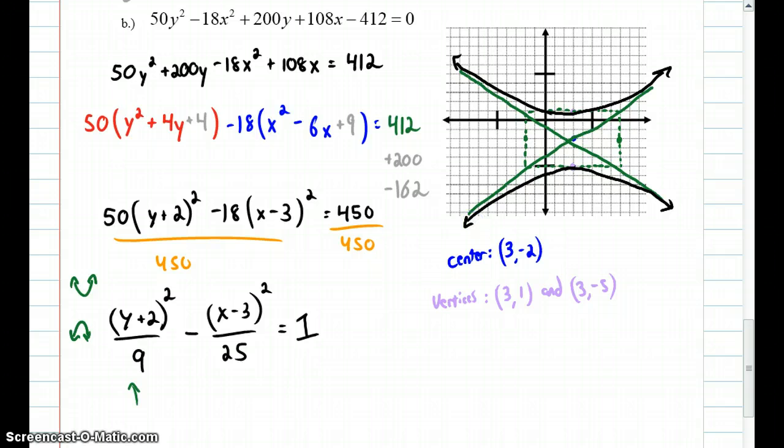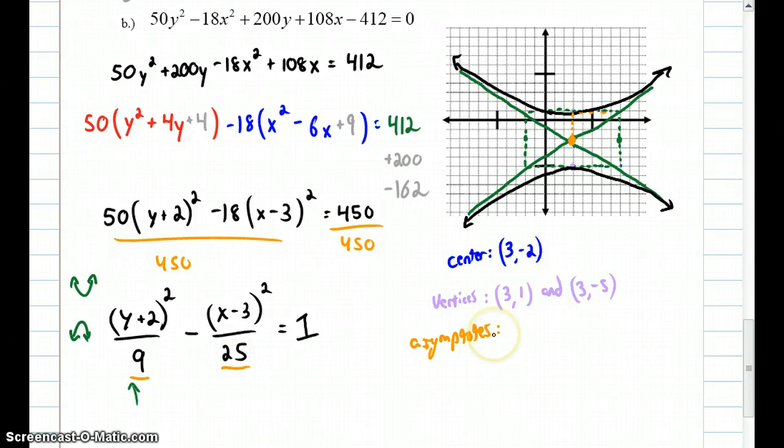A couple more things that we should probably write down. The equations of the asymptotes. Well, it helps a lot to use point-slope form, seeing as we have a point, and it's not so hard to find the slope. The point is the center at 3 comma negative 2, and the slope is going up 3 over 5, which you should recognize being the y radius is 3 and the x radius is 5.